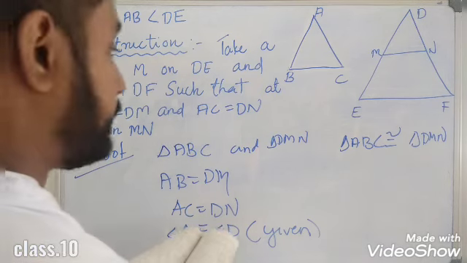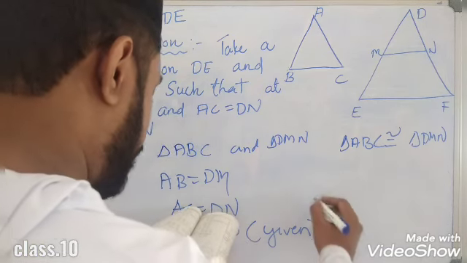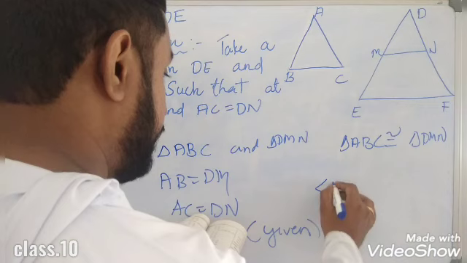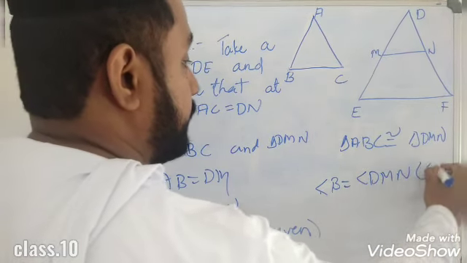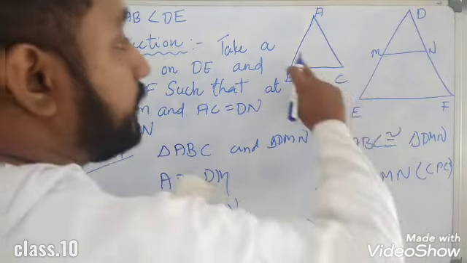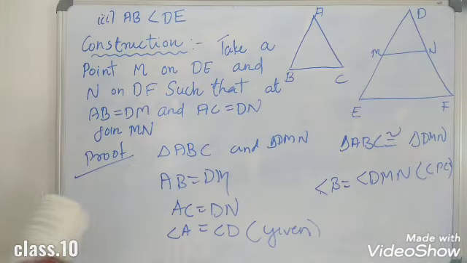So we can say that angle B is equal to angle DMN by CPCT. Now we equate these two angles. Angle B is equal to angle DMN.